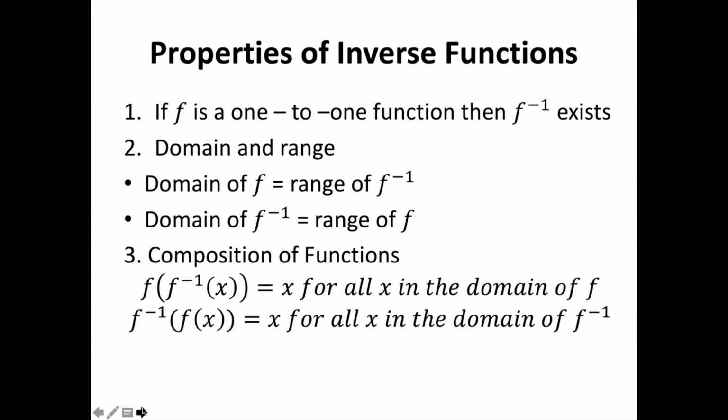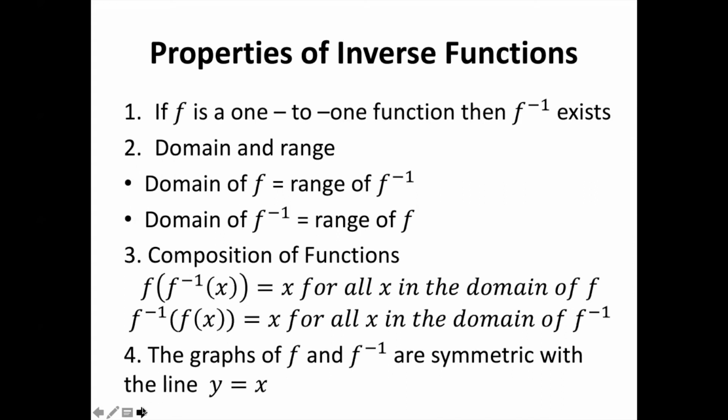Again, the composition is equal to x, and the graph of the inverse is symmetric with the line y equals x. So again, these are the properties of inverse functions. The inverse functions undo each other.